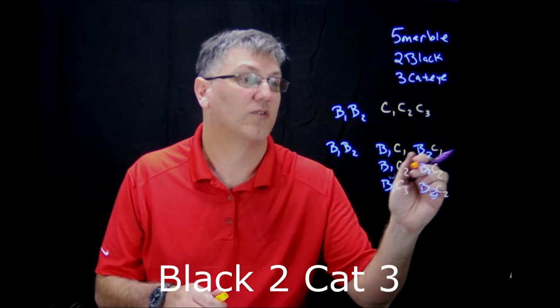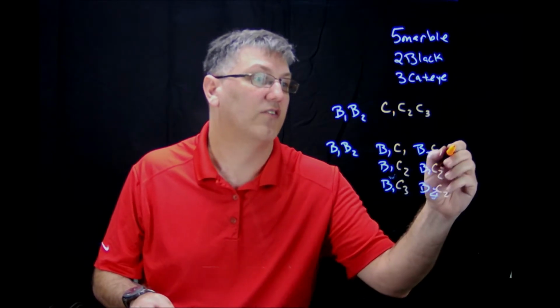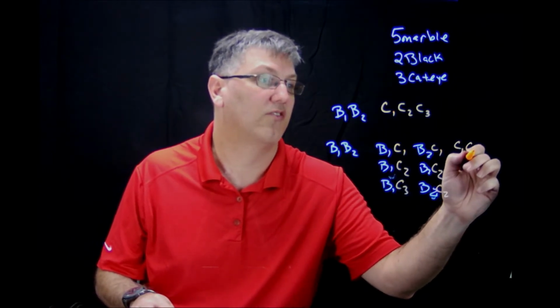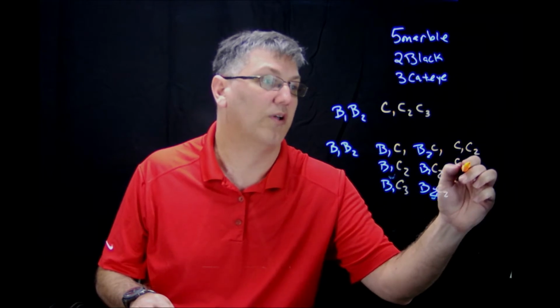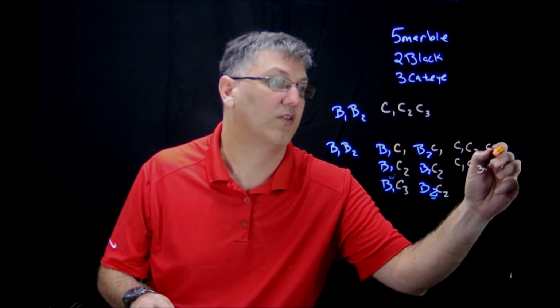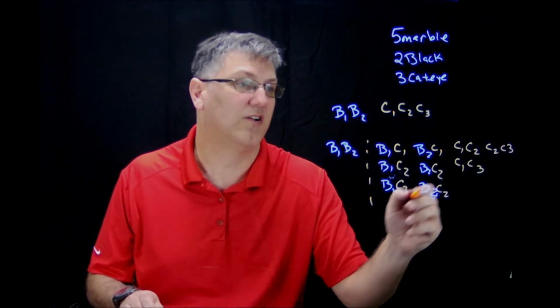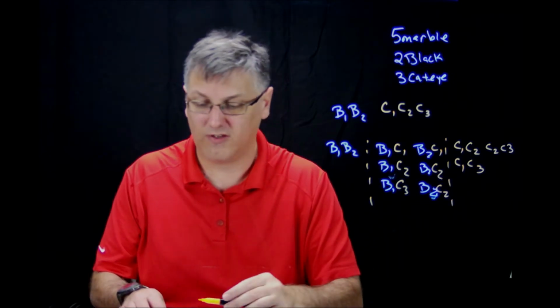And then of course I have my combinations of cat 1 with cat 2, cat 1 with cat 3, and of course cat 2 with cat 3. And I wrote it like this because it's going to make my life a little easier when I go to calculate things.